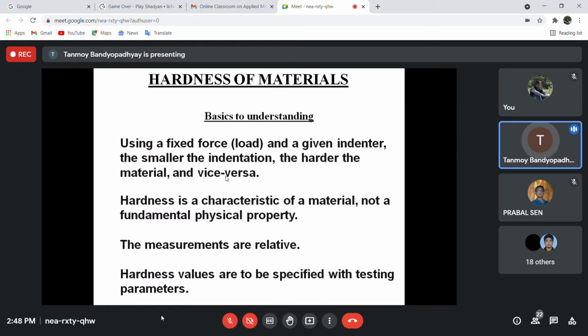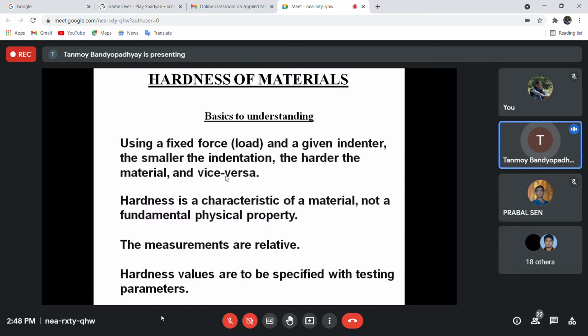So that is just a relative property of the material. Whenever we mention the hardness of a material, that is never an absolute property of the material. That is a relative property between two specimens. I am taking two specimens, one having a lower hardness and one having a higher hardness. The material that has a higher hardness can scratch the other material, it can penetrate the other material, it can cut the other material.